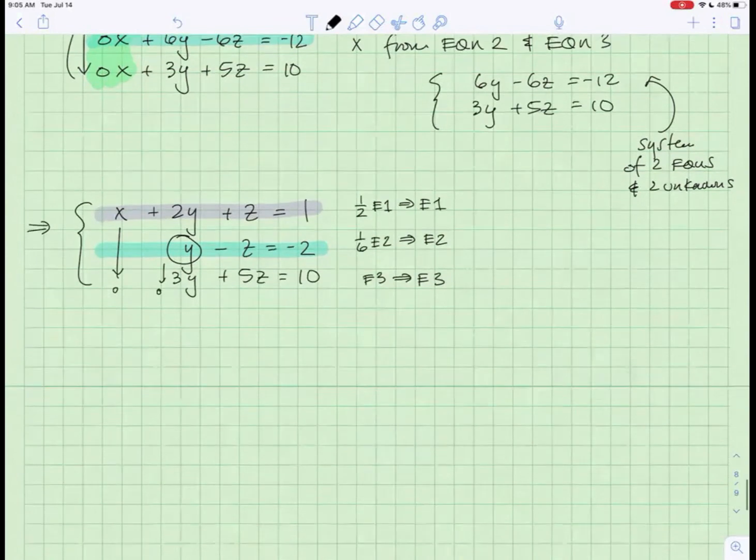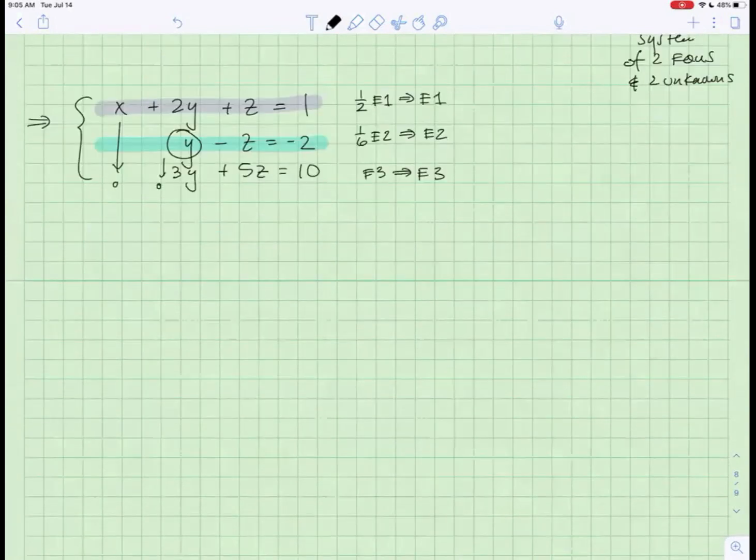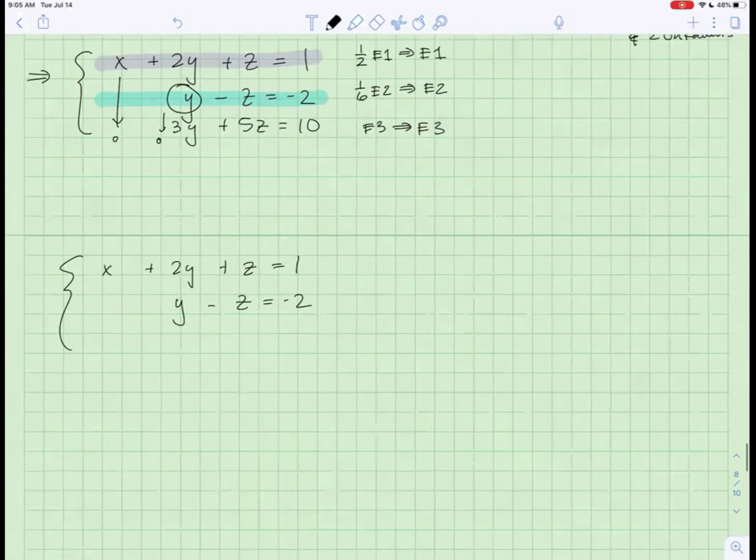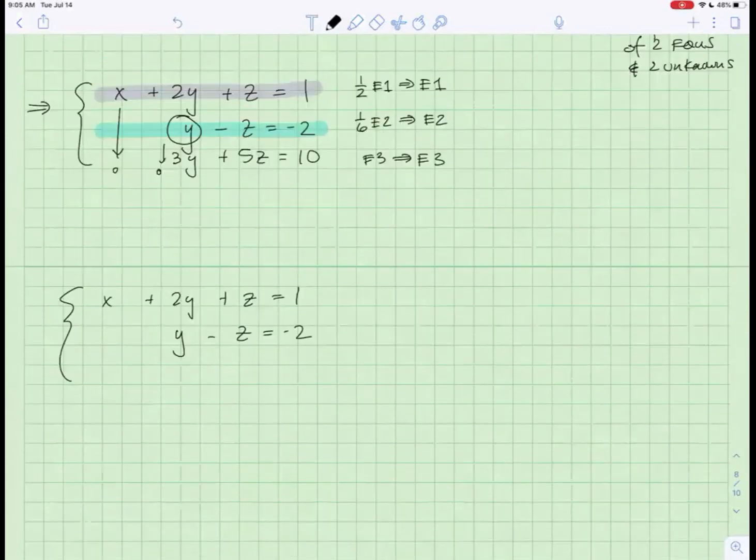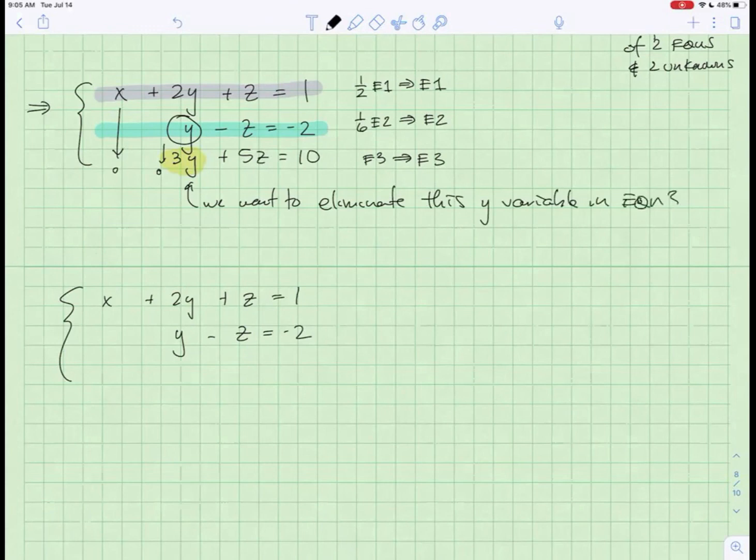So the next row operation I'm going to do is the following. I'll leave the first row alone. That's x plus 2y plus z is equal to 1. This is y minus z is equal to negative 2. And this is what I'm going to do. We want to eliminate this y variable in equation number 3.